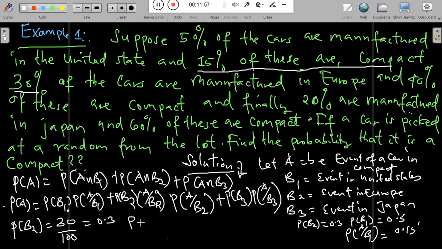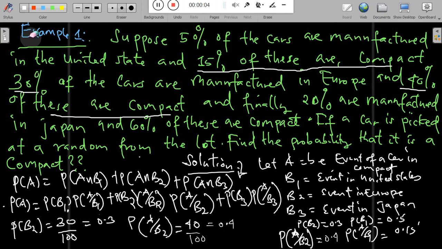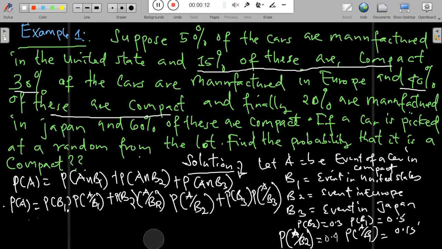Now let's find the probability of A given B2. We take 40, then we divide by 100, that gives you 0.4. So the probability of A given B2 is equal to 0.4 as observed.